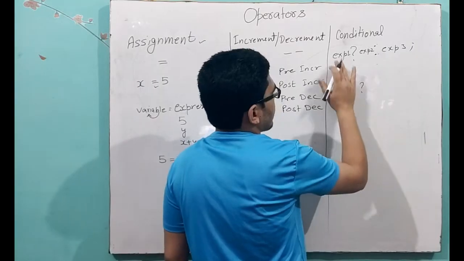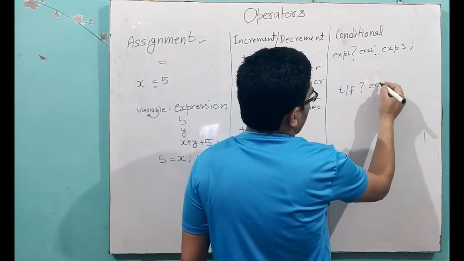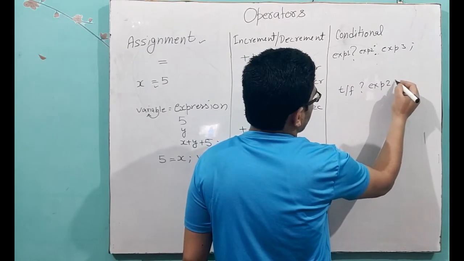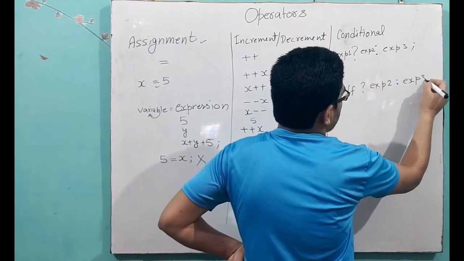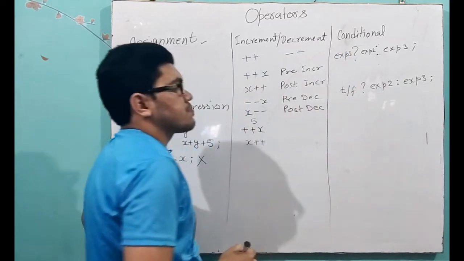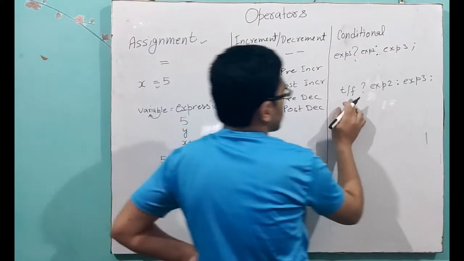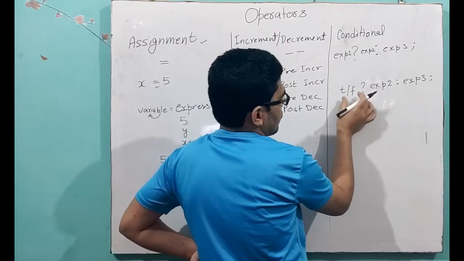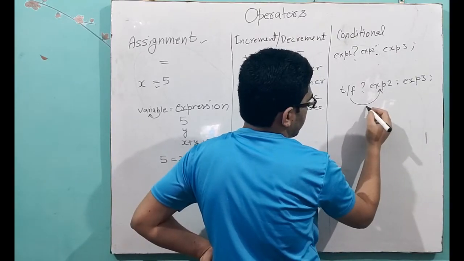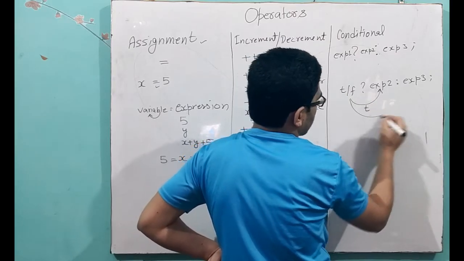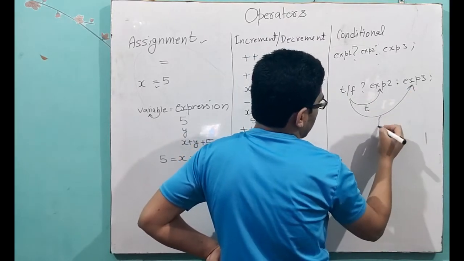Based on the value of expression 1, either expression 2 or expression 3 will be evaluated. If it is true, expression 2 will be evaluated. If it is false, expression 3 will be evaluated.